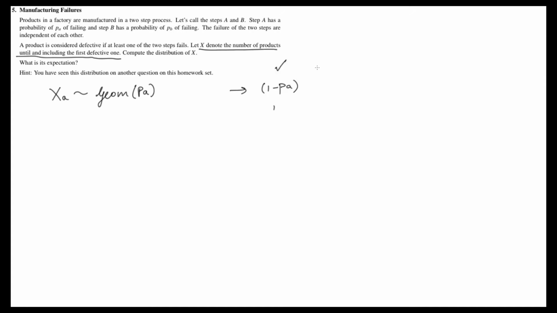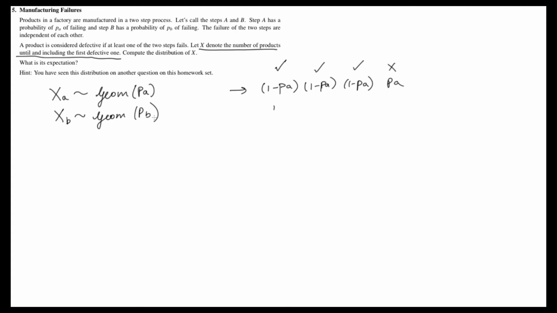It doesn't fail the second turn, doesn't fail the third product, and fails the fourth product. So this is how the sequence of failures and successes look, and the probability of this happening, of it failing in the fourth turn on the fourth product, is 1 minus PA times 1 minus PA times 1 minus PA times PA, right? So this is exactly a geometric. XB similarly is a geometric of PB.